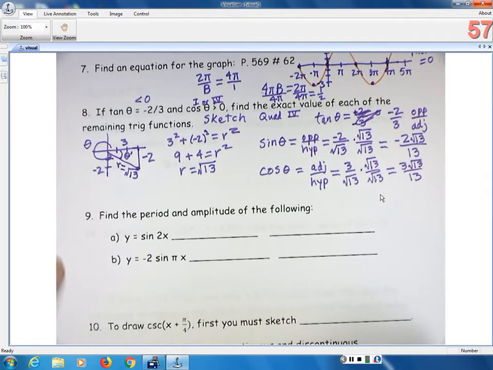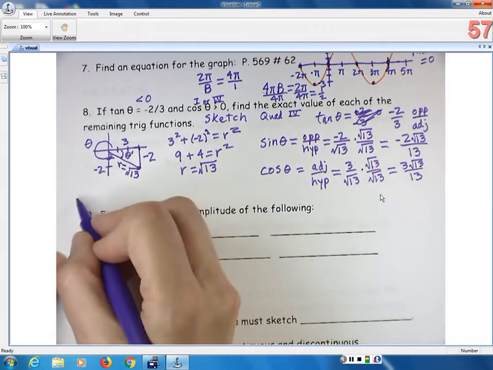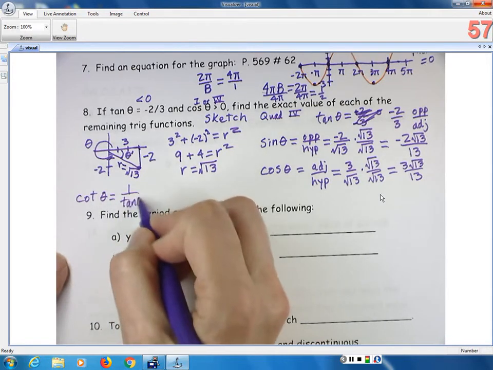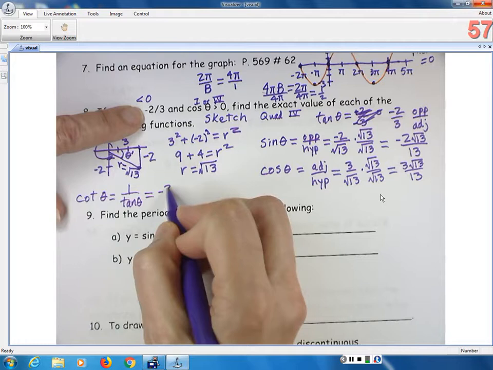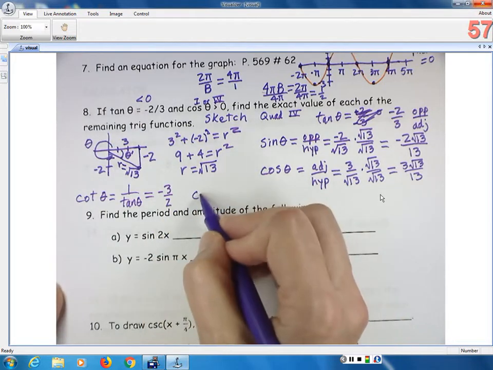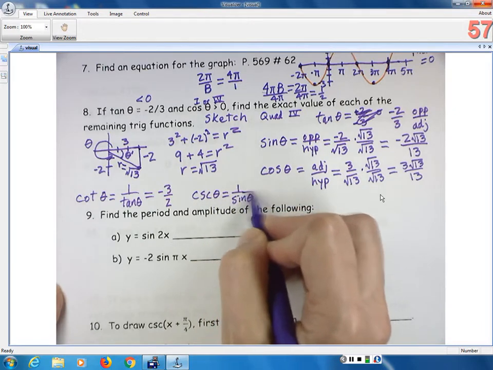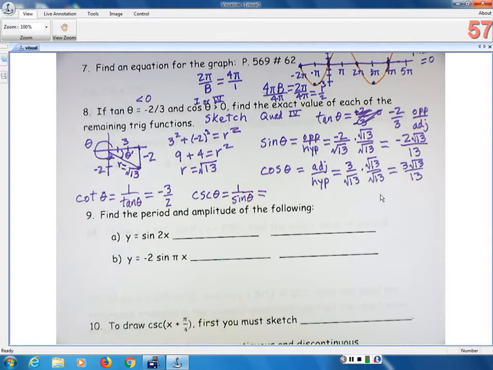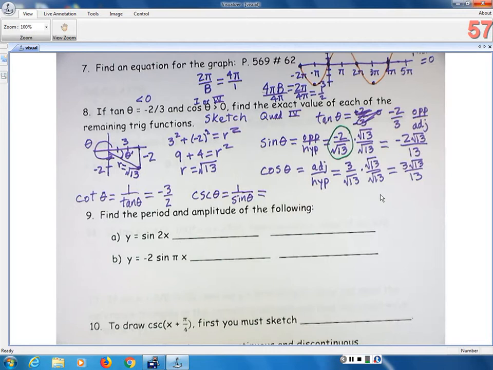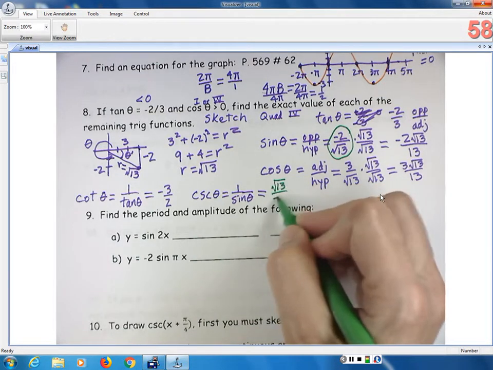And then we have tangent, so cotangent is 1 over tangent. So cotangent theta is 1 over tangent theta. That means you just flip this, it's minus 3 halves. And cosecant theta is 1 over sine theta, but we want to pick the sine theta before we rationalize it. Flip that. It's the square root of 13 over negative 2.